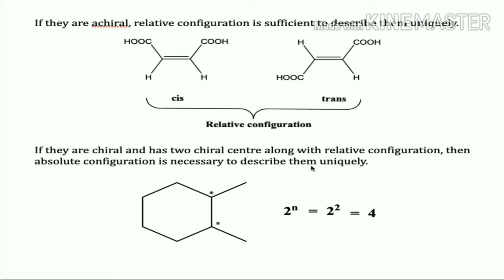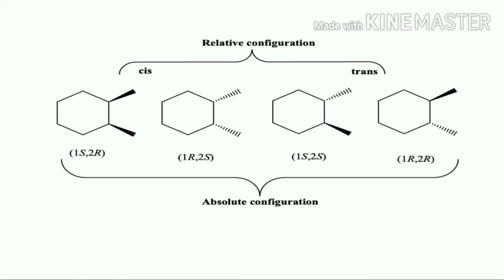Here I take the example of 1,2-dimethylcyclohexane. It has two chiral centers, and we know the formula to calculate the number of possible isomers. Since it has two chiral centers, 2 to the power 2 gives 4 isomers. These 4 isomers are shown here: 1, 2, 3, 4.